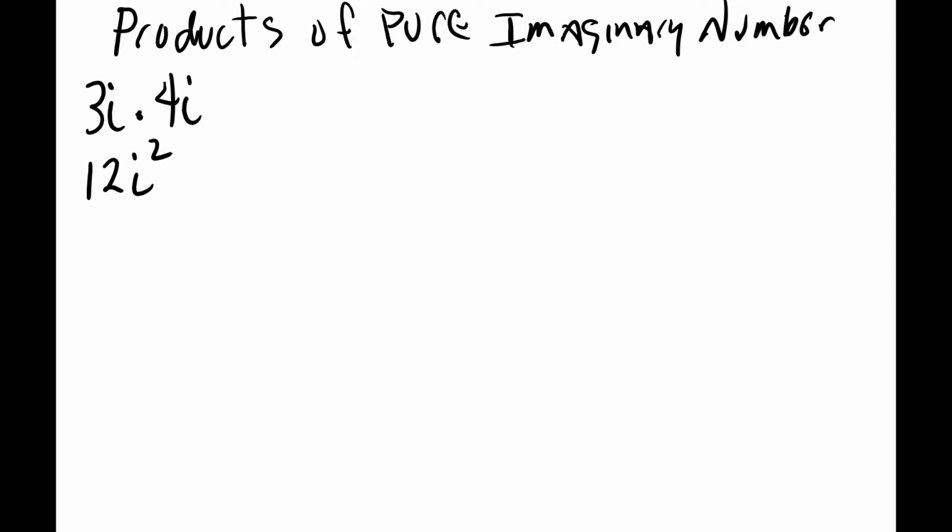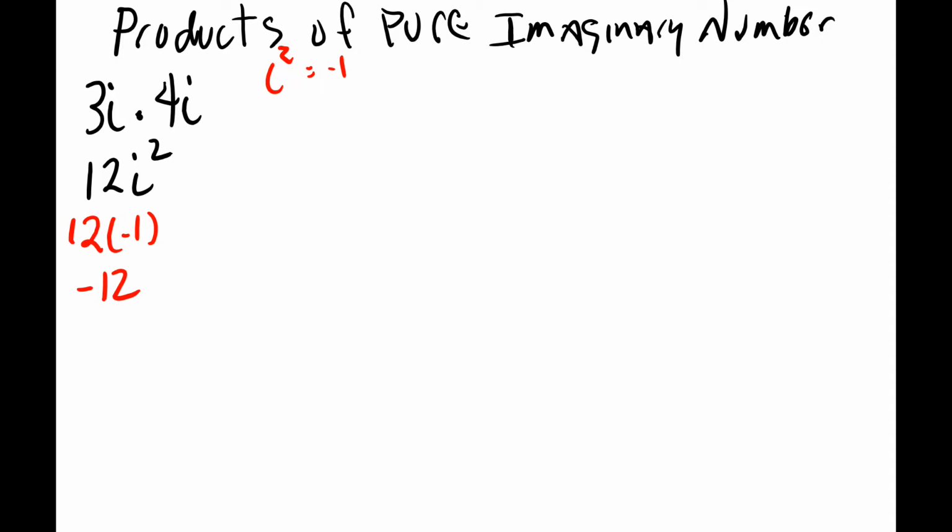But we know from the previous lesson that i squared equals -1. So now I've got 12, in reality, 12 times -1. And so the product of 3i and 4i is -12. All right, that's not too bad.